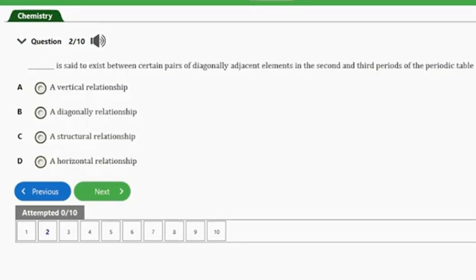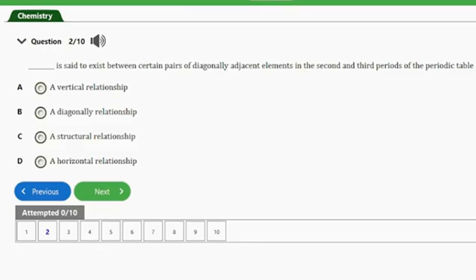So guys, let's consider the next question, and that's question number 2. It says dash is said to exist between certain pairs of diagonally adjacent elements in the second and third periods of the periodic table.